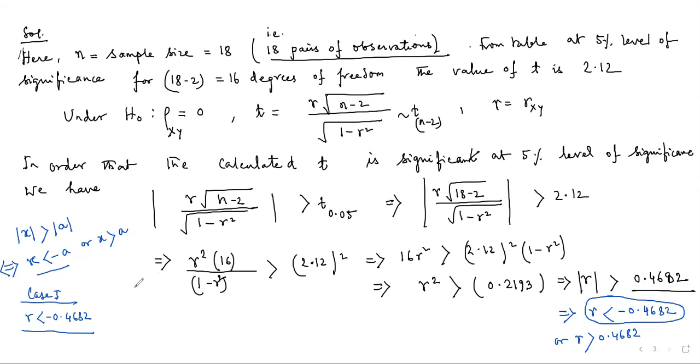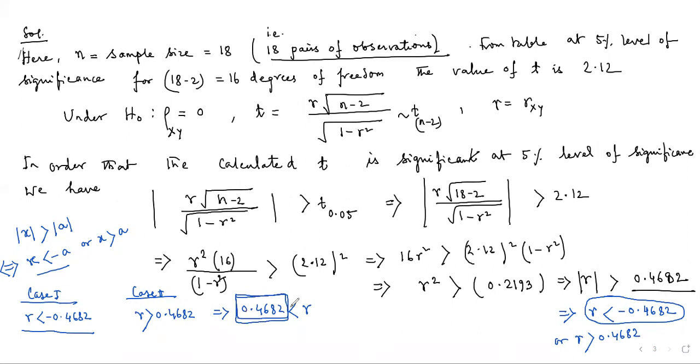But if I consider case 2, there we see that r must be greater than 0.4682. That means you can write it as 0.4682 should be less than r. So it is quite obvious that this is the least value of r.